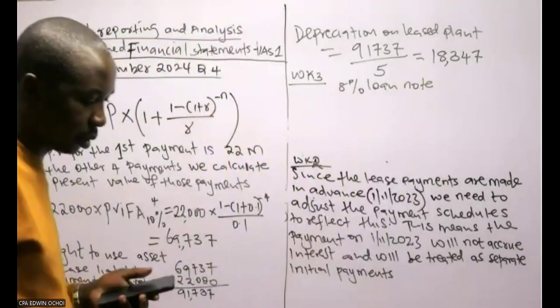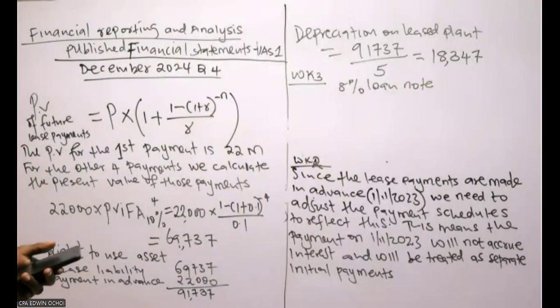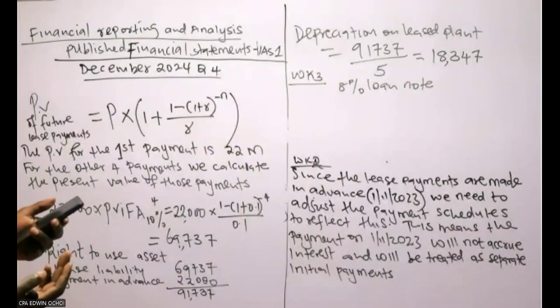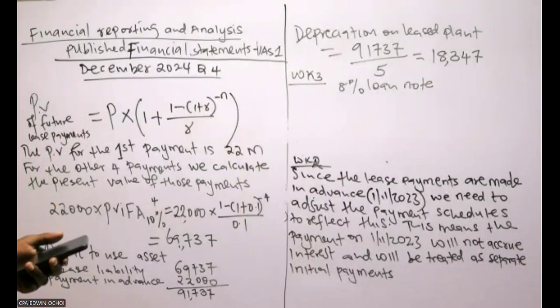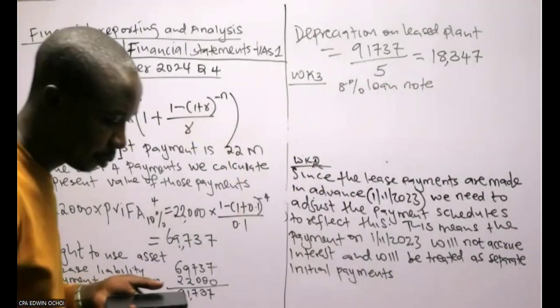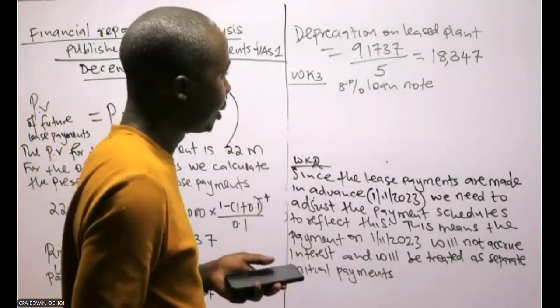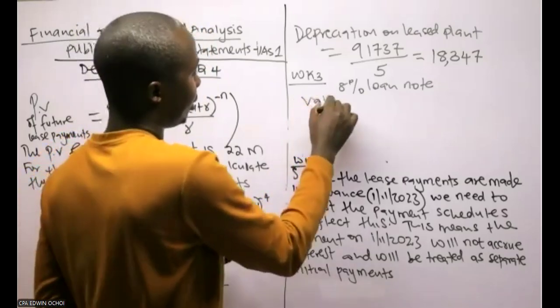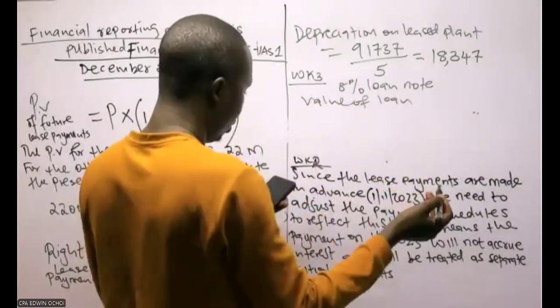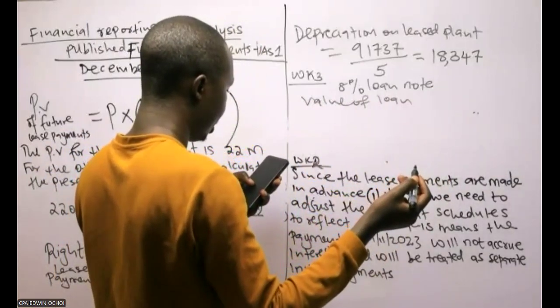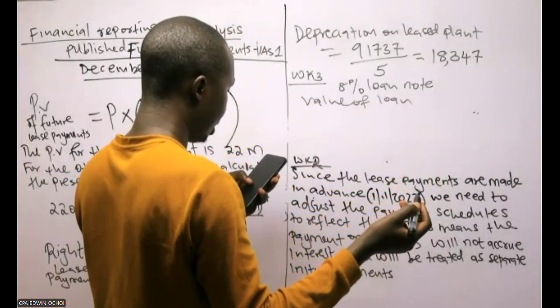This one doesn't have a lot of workings. The 8% loan was issued on 1st January 2004, and the interest is payable 6 months in arrears. So the value of the loan: if you look at your trial balance, the loan is stated at 50,000.